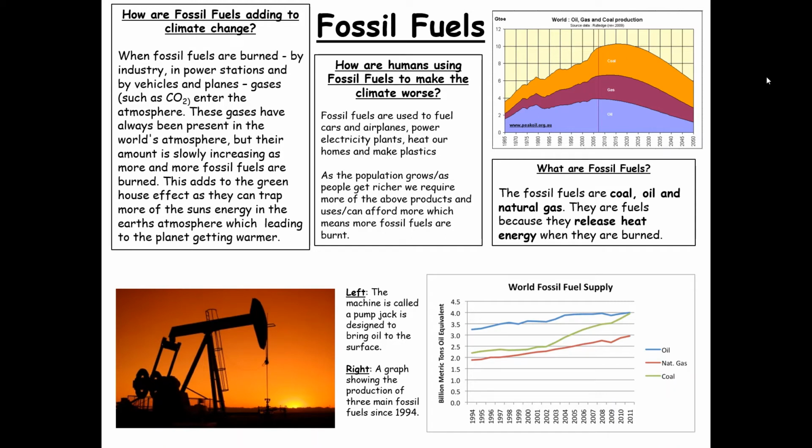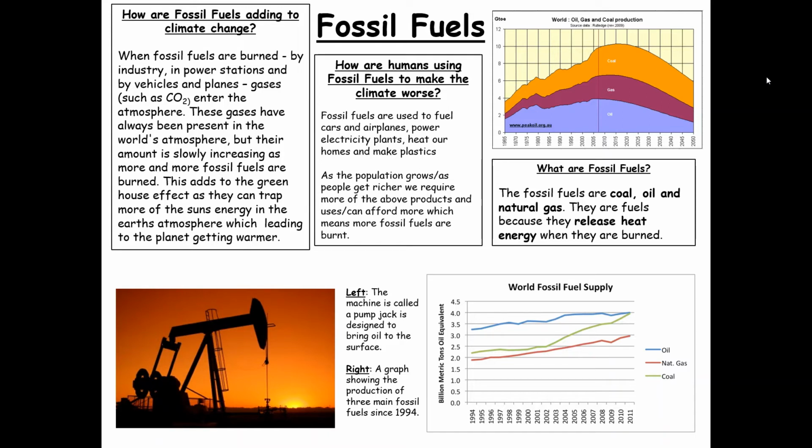Firstly is the burning of fossil fuels. So the use of fossil fuels releases large amounts of carbon dioxide and other gases into the atmosphere. Coal, oil and natural gas were all formed over many millions of years ago, hence the name fossil fuels. But since the mid-1700s, they've been burnt at an increasing rate by industry and power stations, cars, planes, other types of motor vehicles.